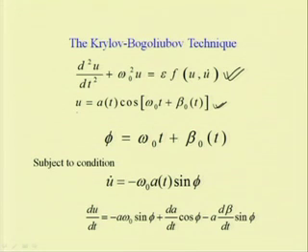So, here we are assuming that when epsilon equal to 0, the solution is u equal to a cos omega 0 t plus beta, where this a and beta are constant.